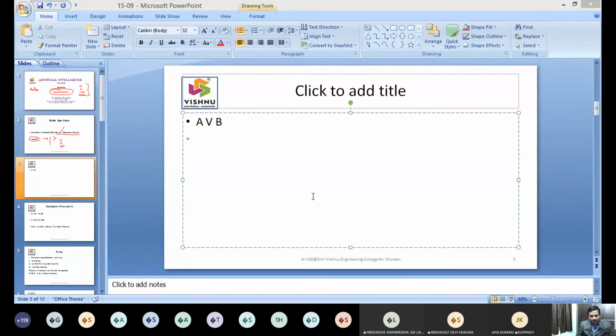See, once you apply this, A will be there, and you will also get a B. So obviously this has to be right. Can somebody claim that this statement is wrong? Is this right?